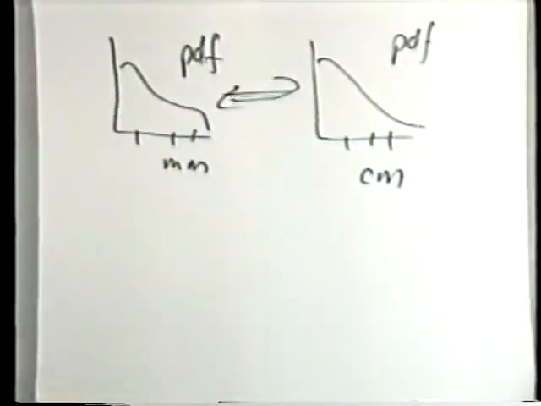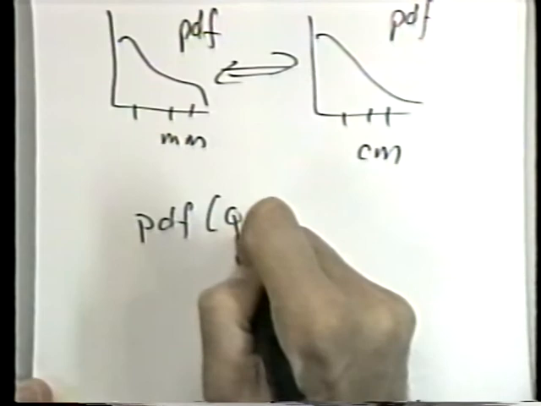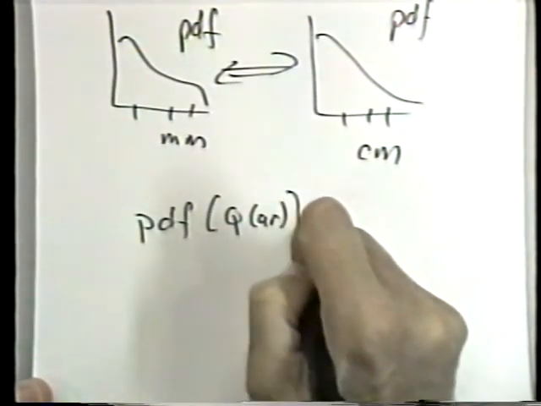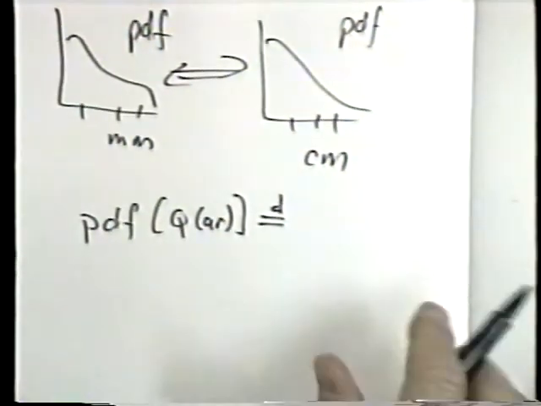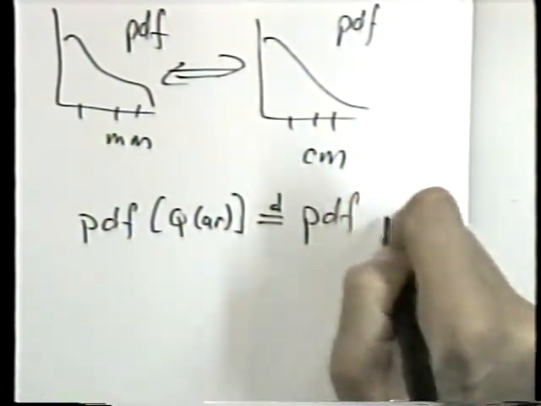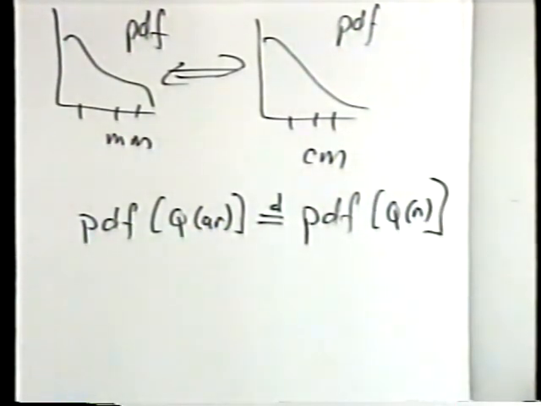The way we can express this is to say that the probability density function of some property measured at resolution A of R is similar in distribution, which is what this symbol means, has a similar shape to the probability density distribution measured at Q of R. And this is the formal definition of statistical self-similarity.